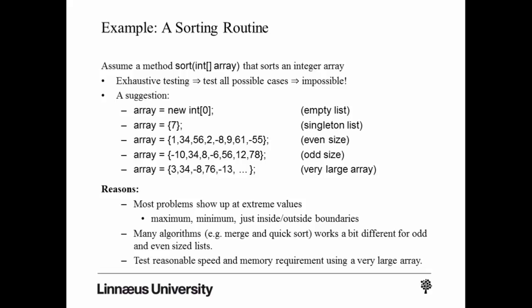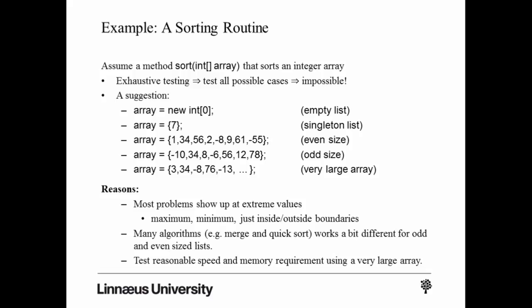So one suggested strategy is that whenever you have an array, whether it's a sort method or another method, you should test it for an empty array. See how your unit behaves with an empty array, or maybe a very small array, or a very large array.